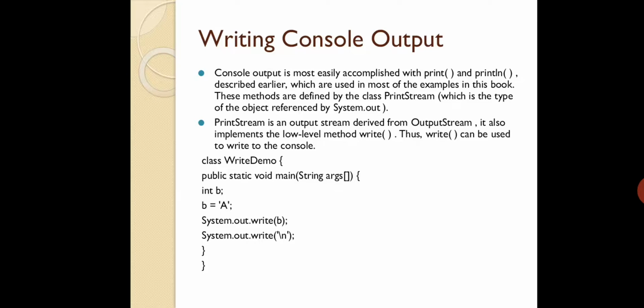Now in the next line, you are going to do System.out.write of b. So obviously it will use the actual thing stored in b. Which number is being stored? What is the ASCII value of capital A or small a, and what value will be stored in b?